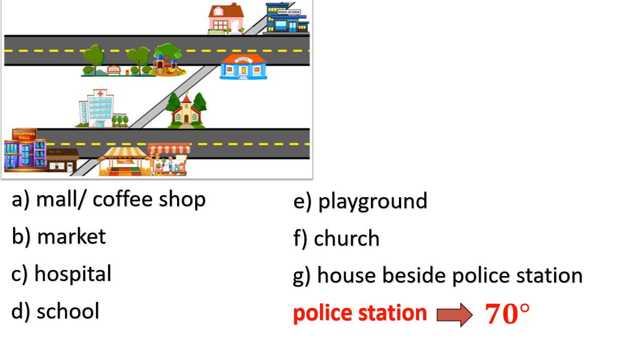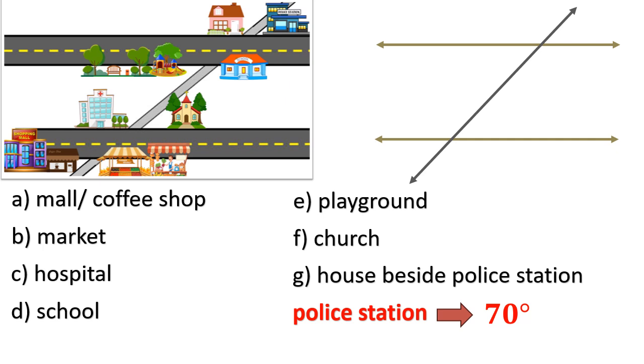Now, you can pause the video for a while, and then if you're done, you can check your answers, but allow me also to explain how we are going to get the answers for this problem. As for me, I don't want to make a mess in this illustration, so I could redraw a simple parallel line cut by a transversal line.